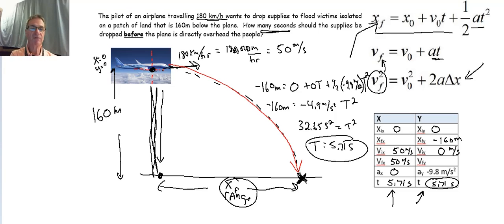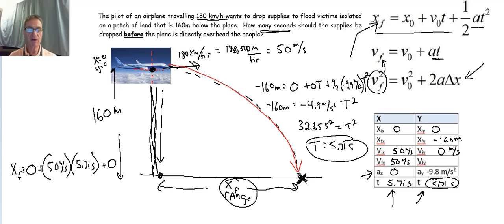So I'm going to go over here on the left-hand side and say that x final is going to equal x initial, which is 0, plus v initial times t. So that's going to be 50 meters per second times the time that we just calculated, which is 5.71 seconds, plus a half times a t squared. Well, their acceleration is 0, so it's just plus 0.